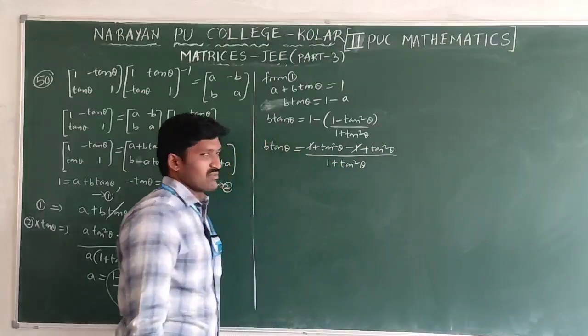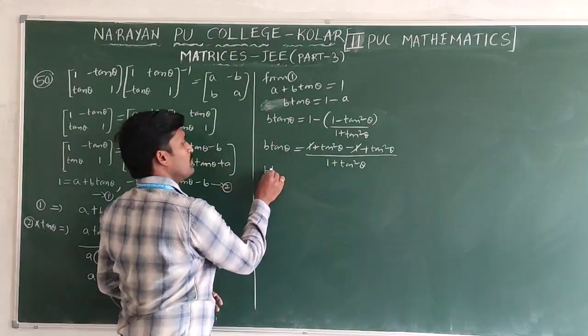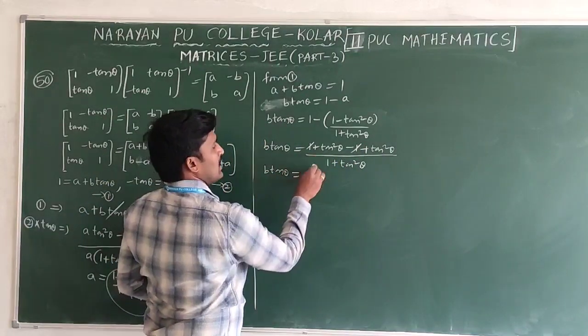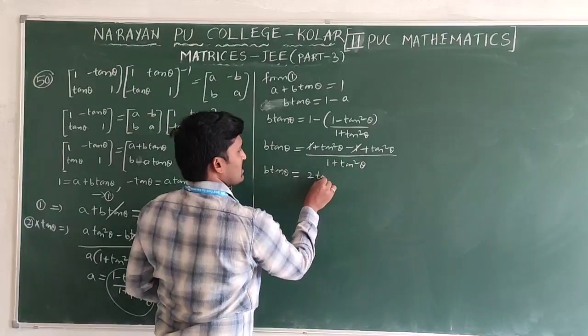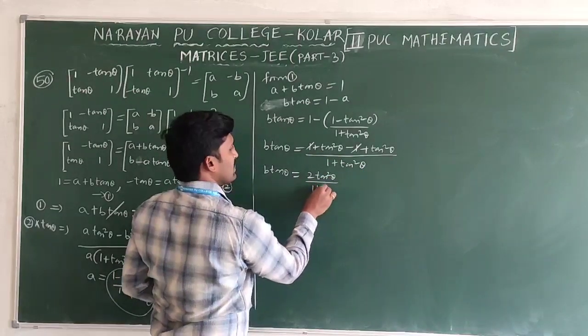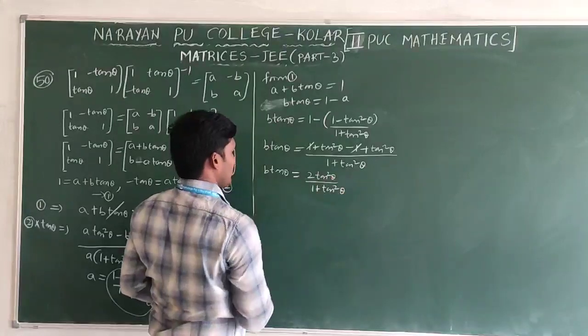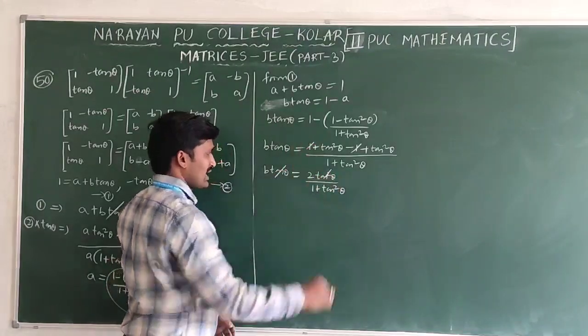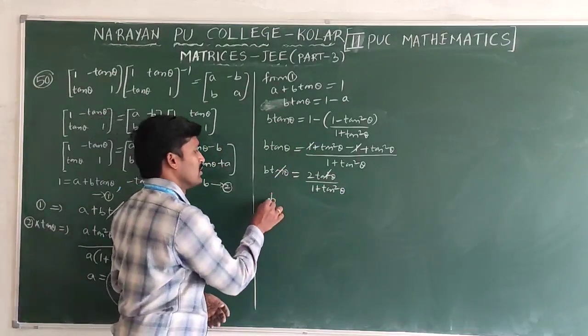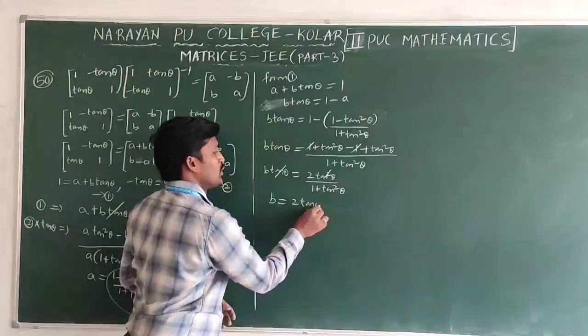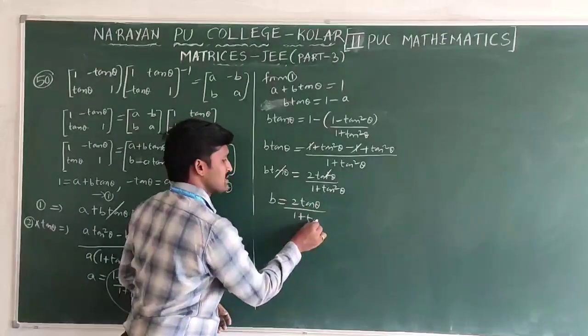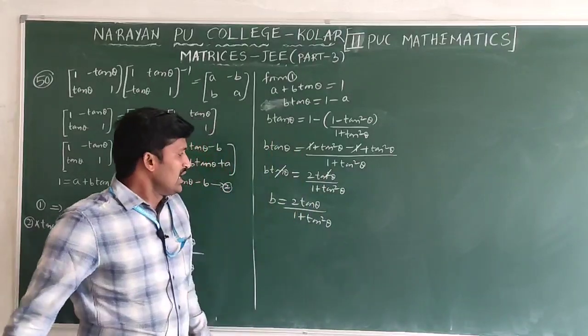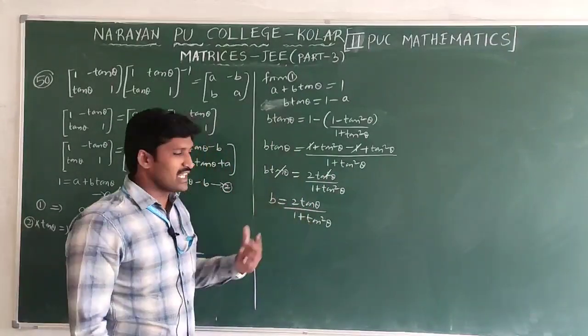Now minus 1 plus 1 gets cancelled. Now B tan theta: this tan square plus tan square is what? 2 tan square theta by 1 plus tan square theta. Now one tan theta, one tan theta gets cancelled. Now B equal to 2 tan theta by 1 plus tan square theta. This is clearly the formula for which one? Sine 2 theta.